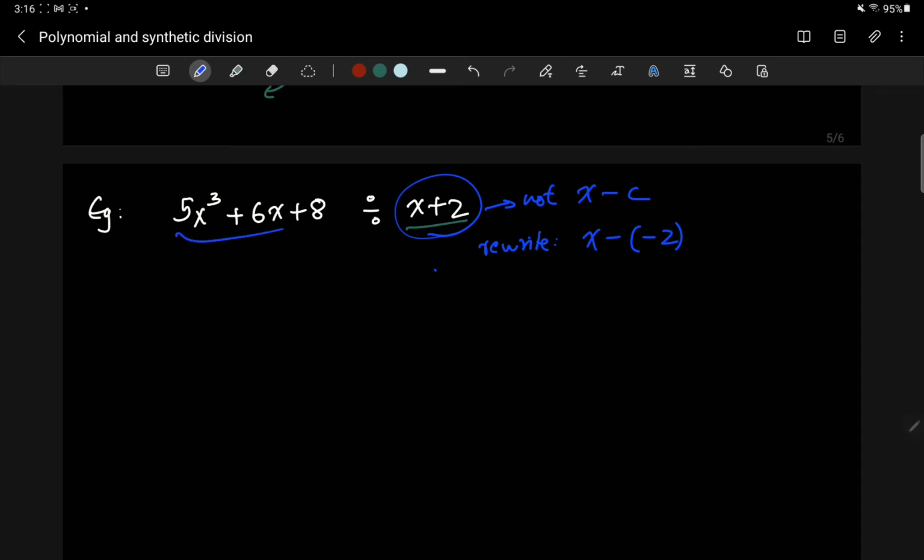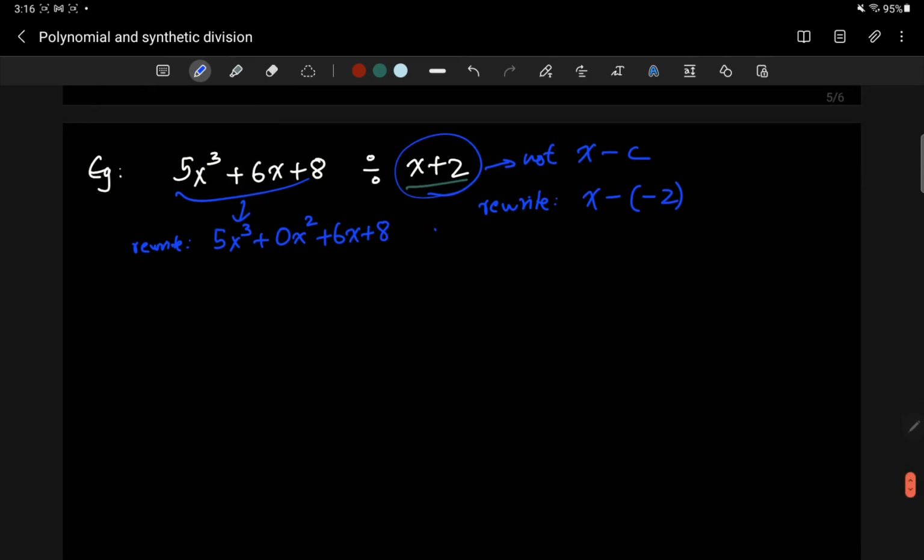And the second thing we need to do is make sure that you rewrite in a way that you include all the coefficients. So this is 0x squared plus 6x plus 8, which means now you're all set up. So the coefficients are 5, 0, 6, 8, and c is negative 2.